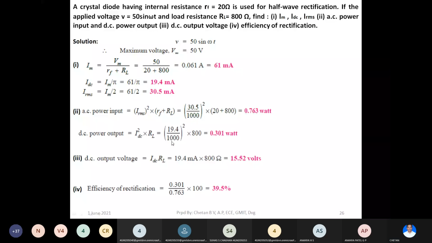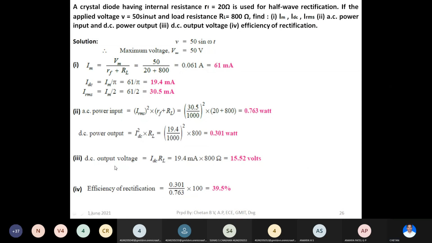Here also it is the same: 30.5 divided by 1000 whole square. So you will get DC power output as 0.301 watt. After getting these two, you can easily find out the efficiency also.